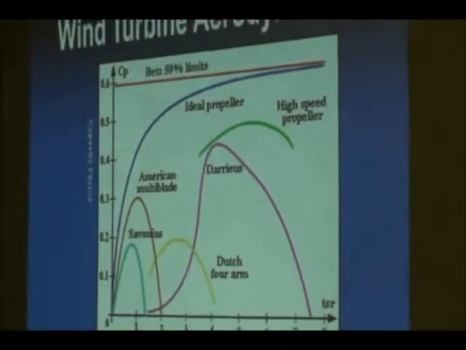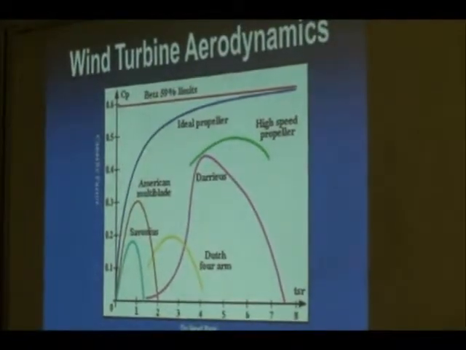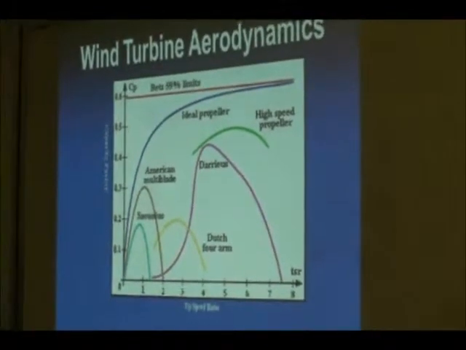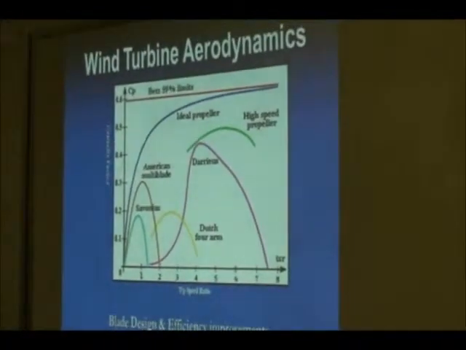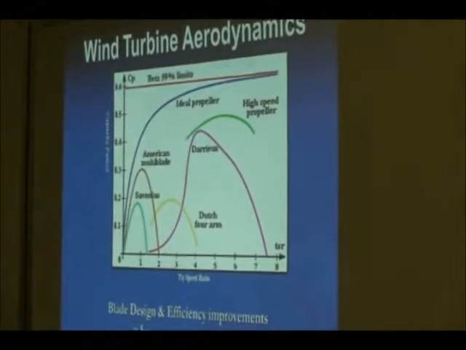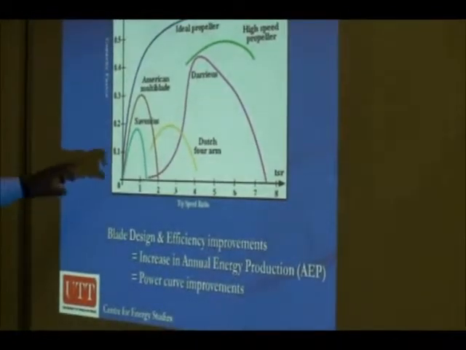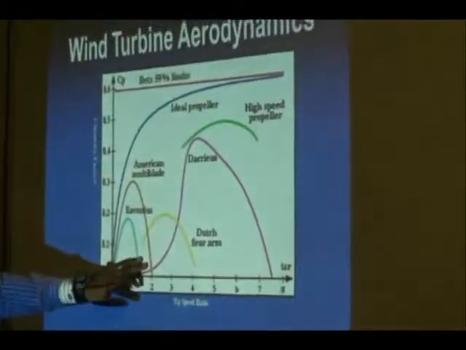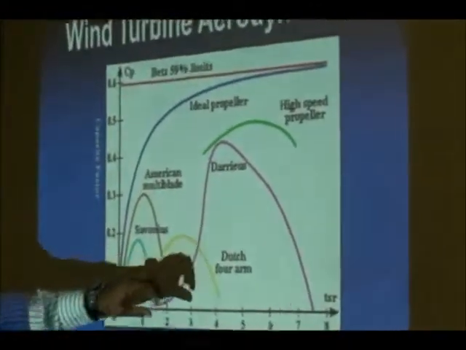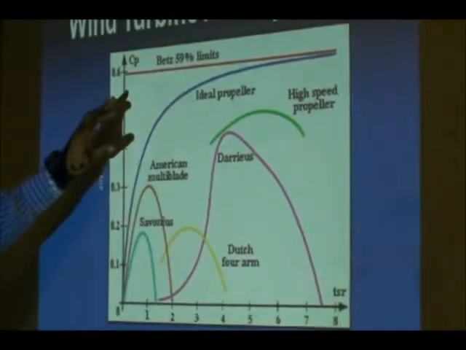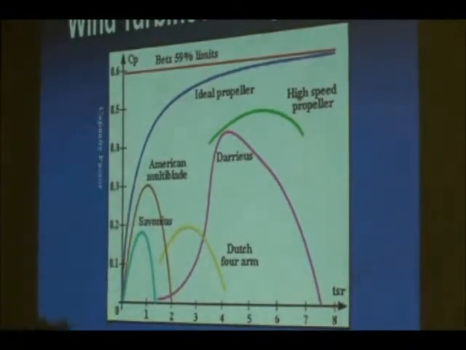For wind turbine blade design and efficiency improvements, we have to aim to increase the annual energy production and increase the power curve. The standard three-bladed system that we are looking at, compared to other systems, needs to improve closer again, as we mentioned earlier, towards the theoretical maximum limit of 59%.